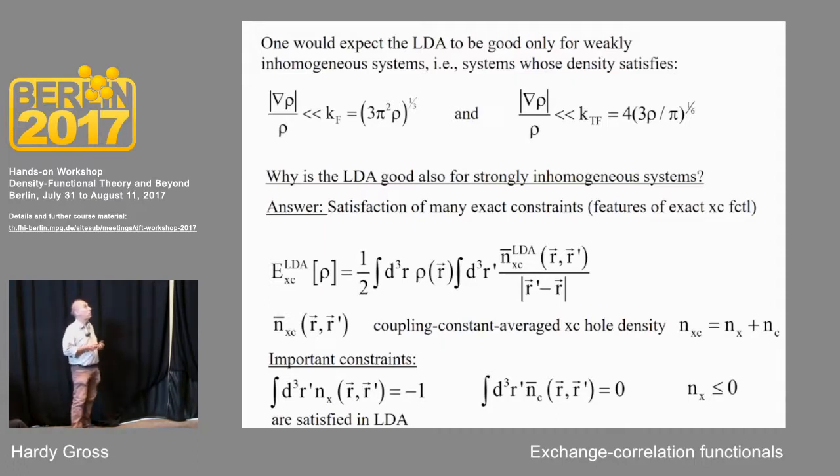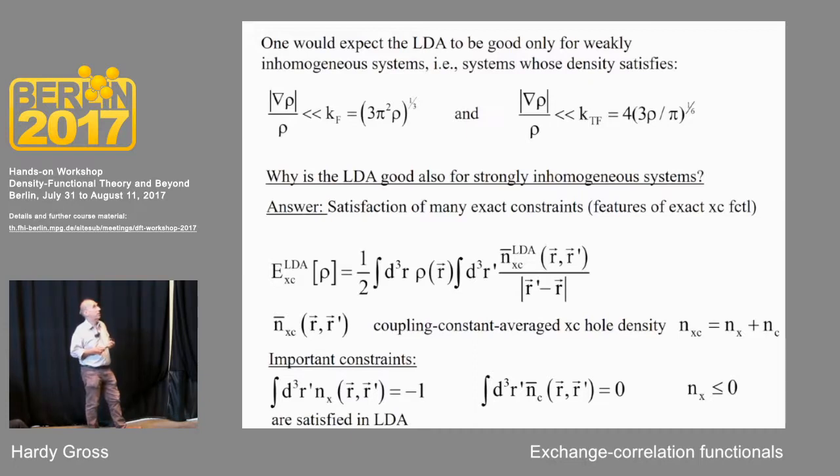Here I'm giving you a few. If you write the LDA functional in this way, in terms of the coupling constant averaged exchange correlation hole, which I'll come back to later, then this object has to satisfy these constraints.